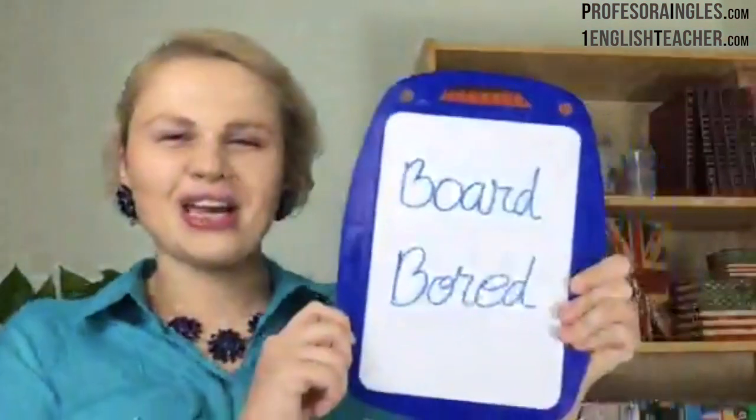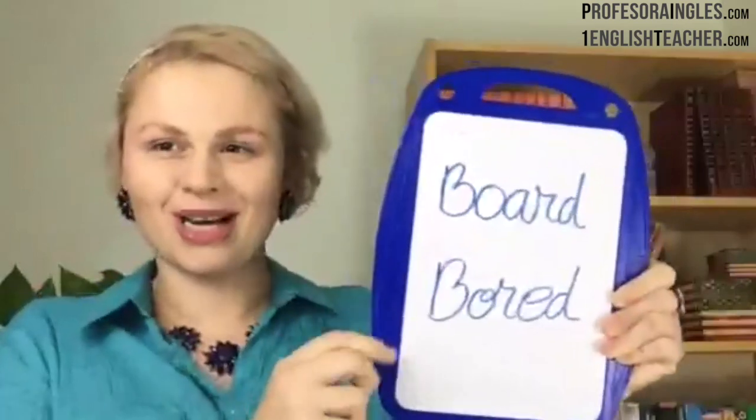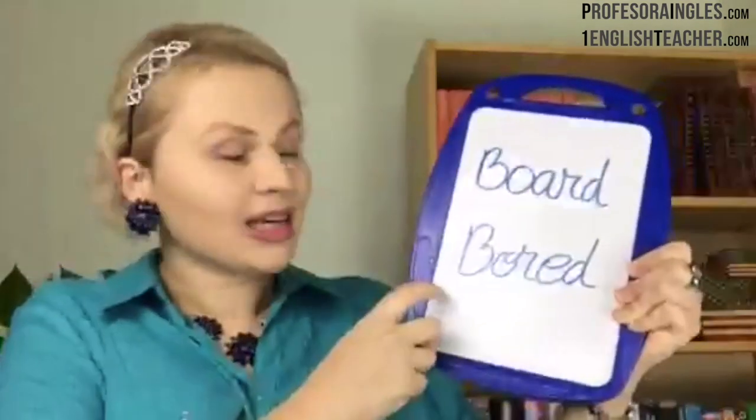But this is not true, because I'm really having a lot of fun with the green hearts from Shifa. So again, board, a piece of board. This is a piece of whiteboard where I can write stuff. And bored. I feel bored because I'm not having fun, because everything is boring, right?